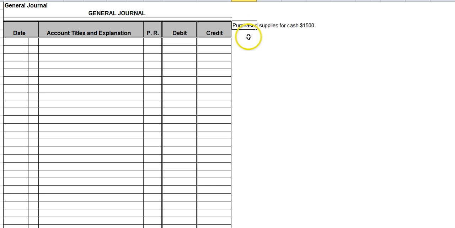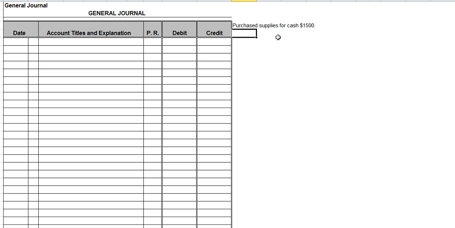Okay, so this can be our first transaction. If we purchased supplies, then we know that supplies is going to go up, correct? Because we now have more supplies. We know that from chapter 1. So now all we need to do is add the debit or credit portion to this.